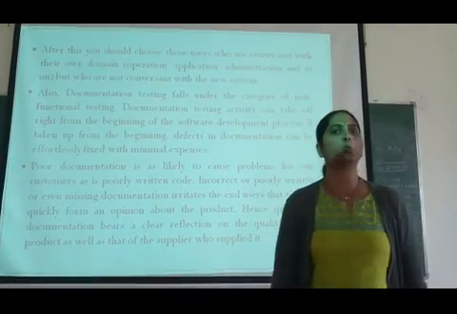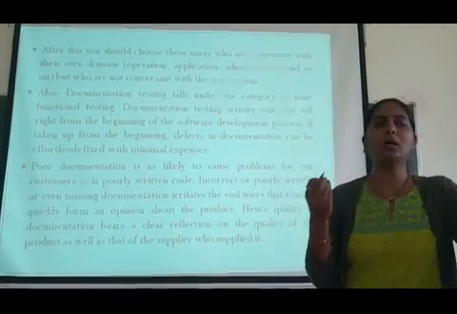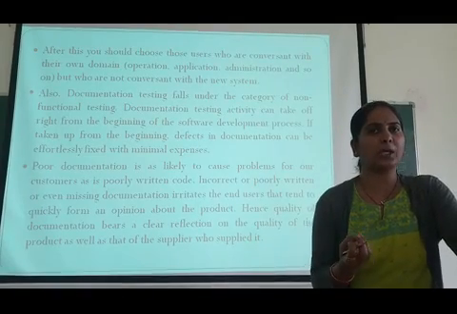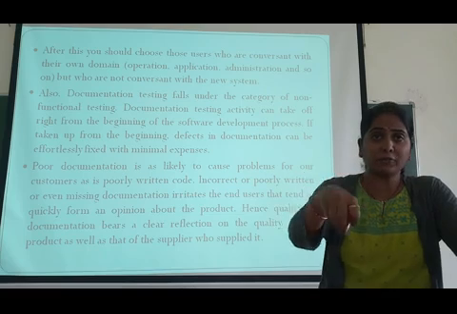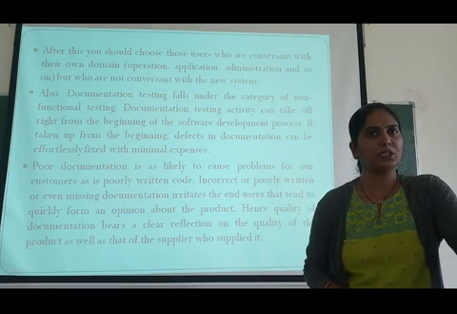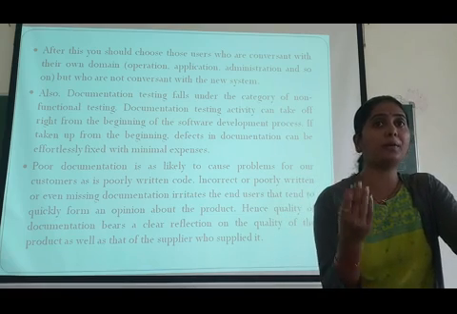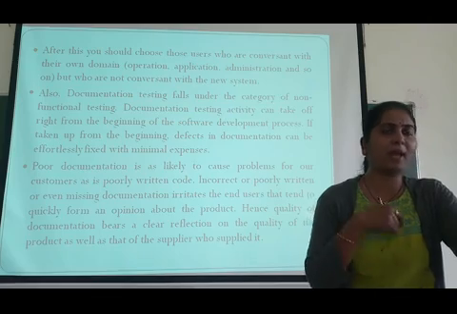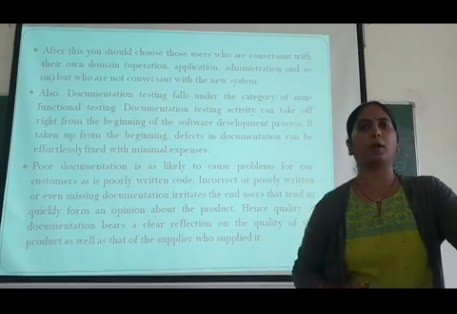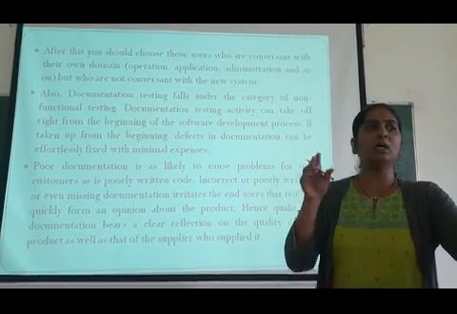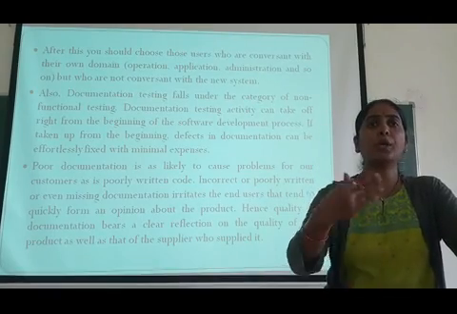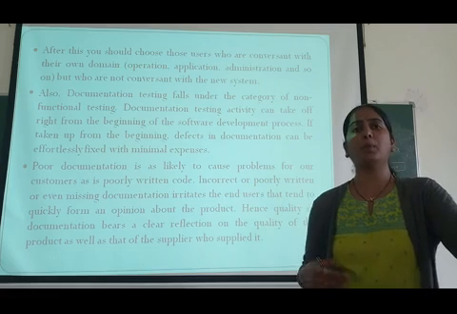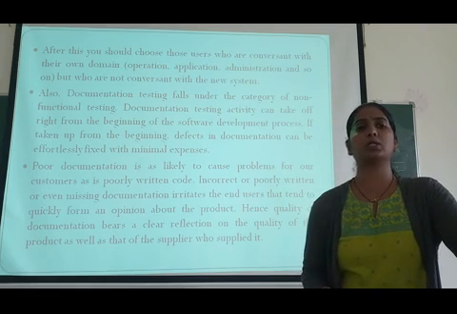Now this point is very important. Quality of the documentation means how we are documenting our software. It is very important and it will be reflected on the quality of the product as well as the supplier who is supplying it. Depending upon that it will be considered.